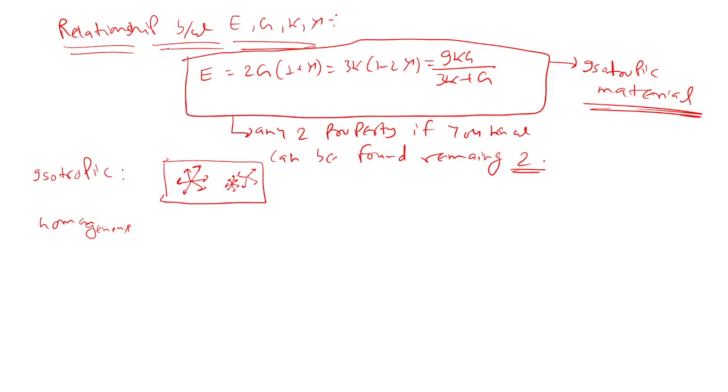But at each point it is the same in all directions. So is this isotropic or not? Yes, sir, it is isotropic, because in isotropic you have to see only one point. If at that point in all directions properties are the same, then it is isotropic.